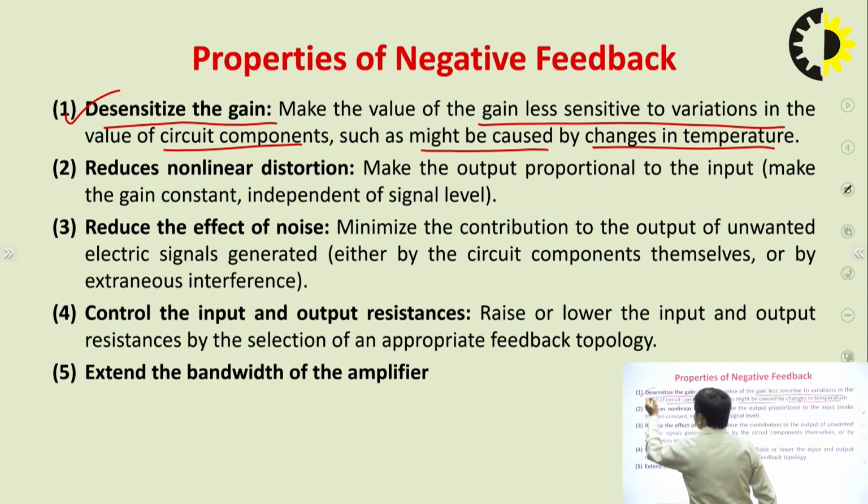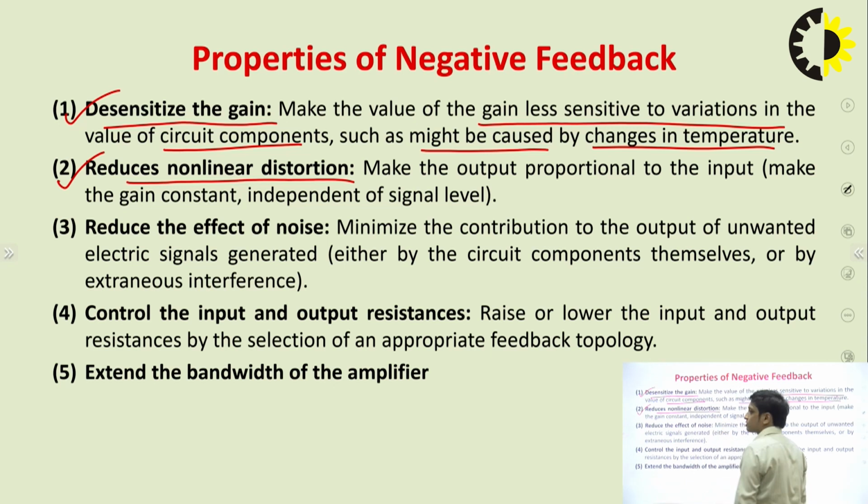Another advantage is that negative feedback reduces the non-linear distortion. That is very much required, because when we design an amplifier, we want linear amplification, we don't want any distortion. So by using negative feedback, the distortion is reduced, the non-linearity is reduced. Another advantage of negative feedback is that it reduces the effect of noise. Whenever we are designing any electronic circuit, there will be noise, because at room temperature the electrons move randomly.